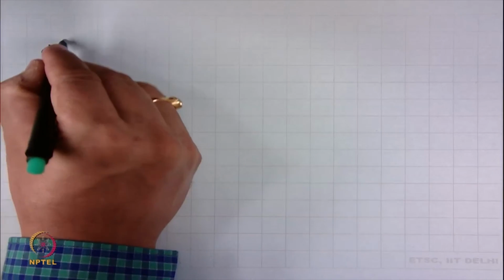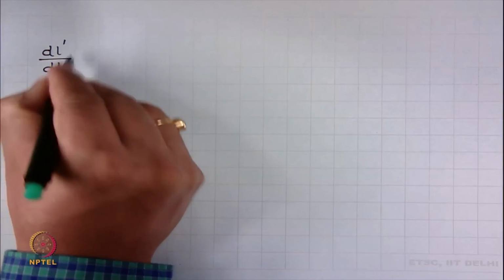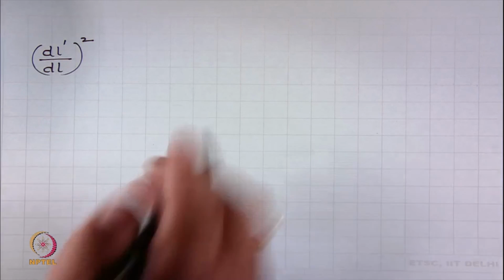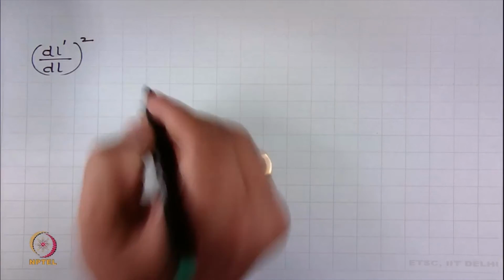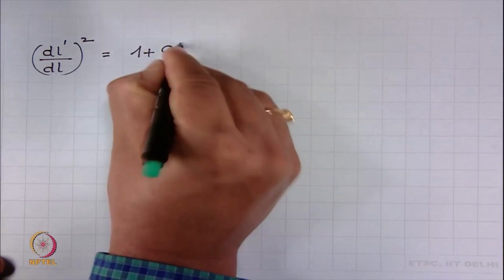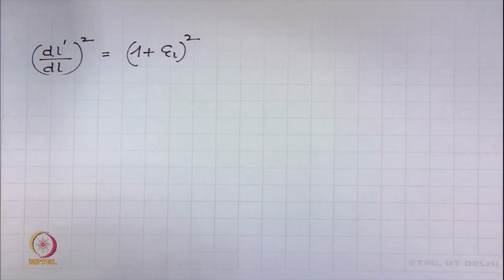What is your dl prime by dl square? dl prime by dl square was defined by one plus this.